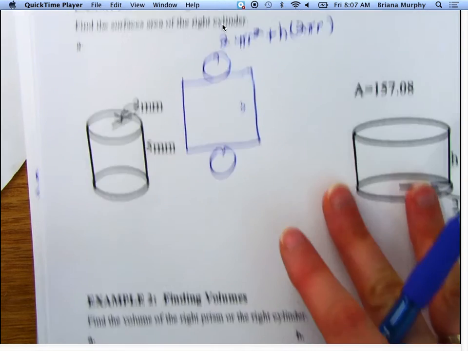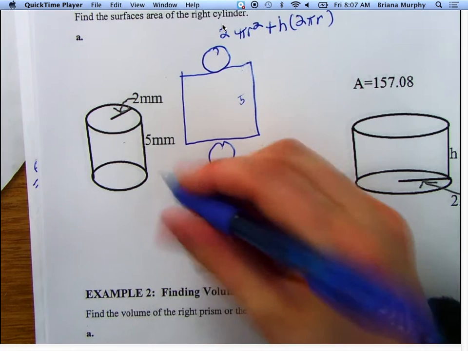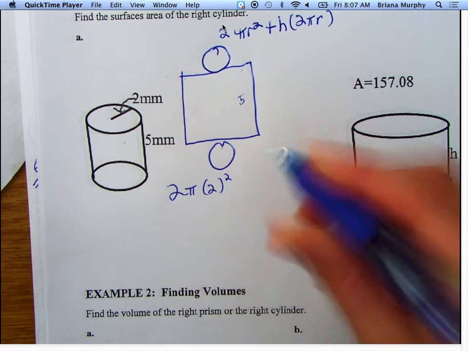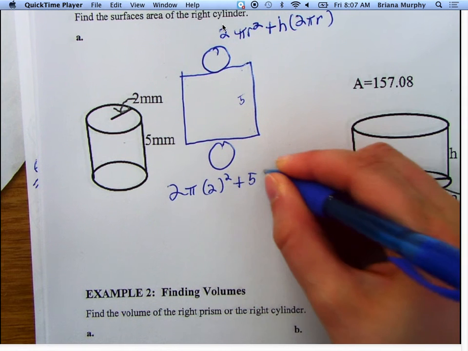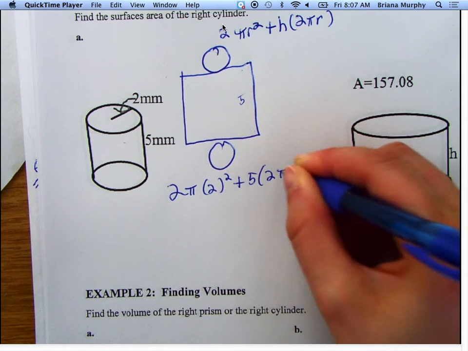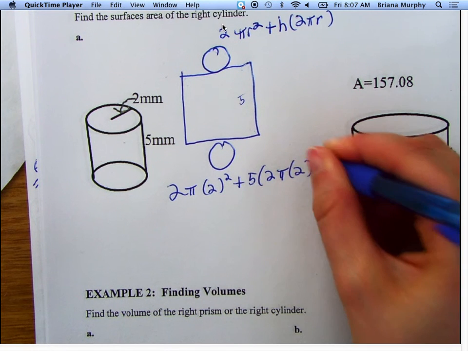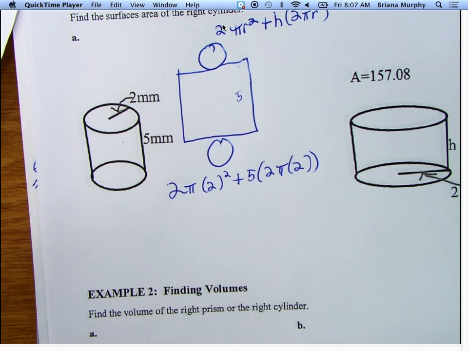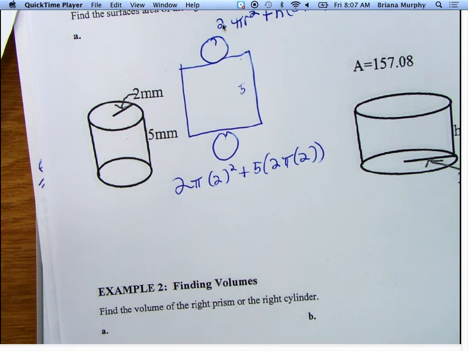So we're going to answer the question first. We're going to say 2 pi times 2 squared plus 5 times 2 pi times 2, and we just stick it in our calculator all at once. 2 pi times 2 squared plus 5 times 2 pi times 2.